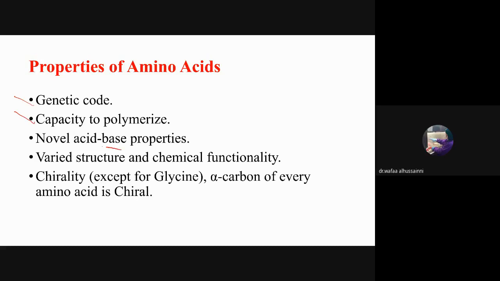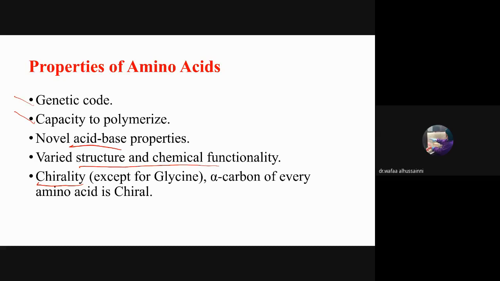They have acid-base properties, and they have very different structures and chemical functionality. And they are chiral. Remember the chirality? They are all chiral except for glycine. So the alpha carbon of all amino acids is chiral except for glycine.